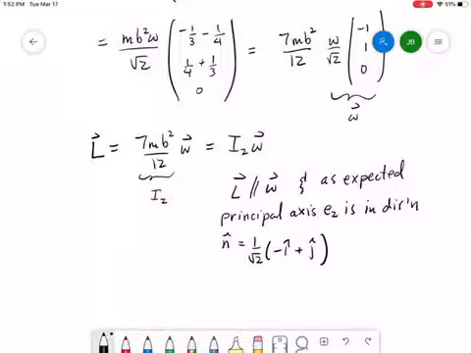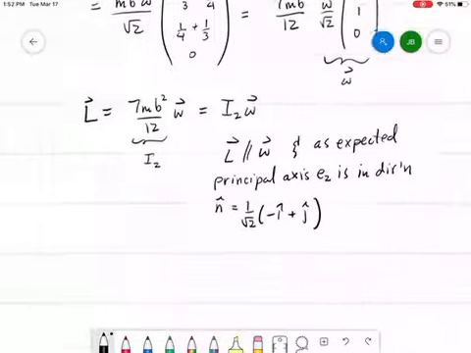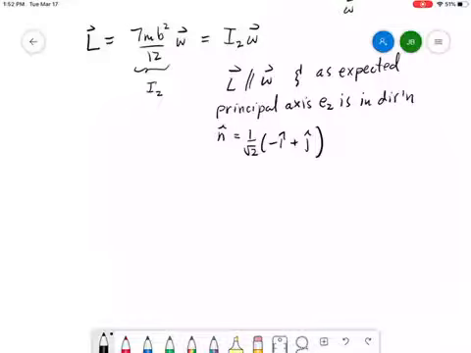So now we know the 3 principal axes for our square slab with origin at Q. And furthermore, we know the rotational inertia, I1, I2, and I3. Let's just collect them all in place here.